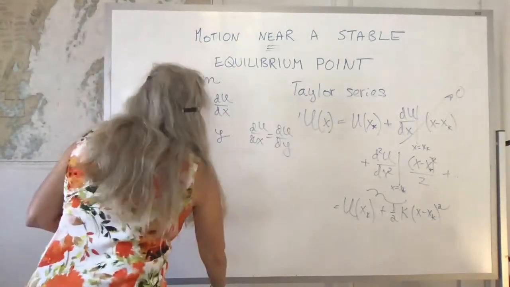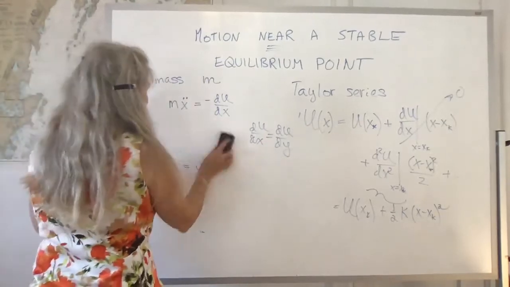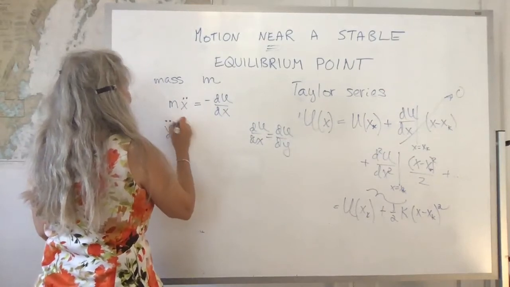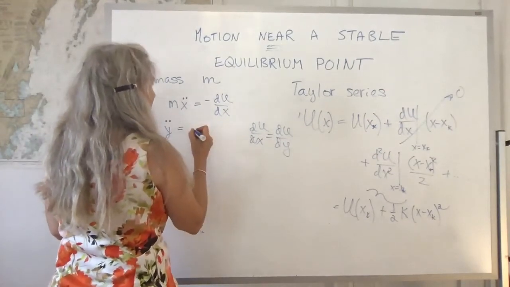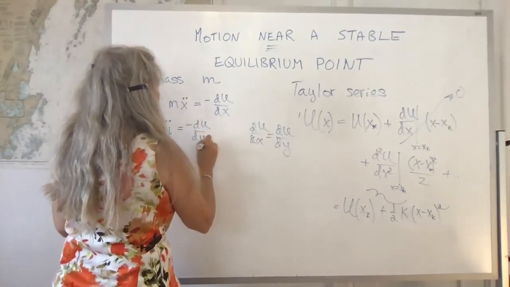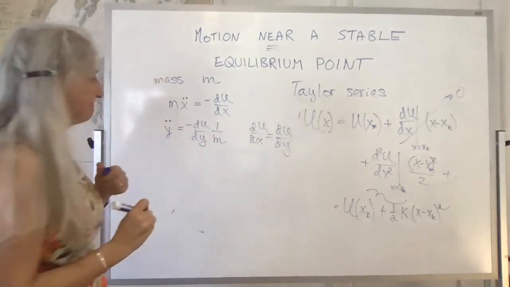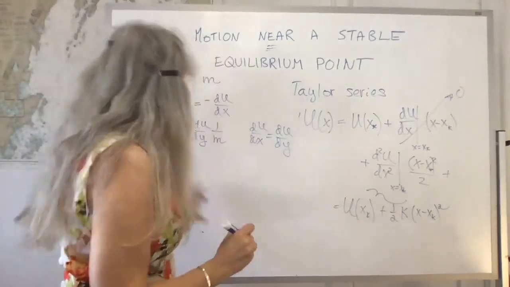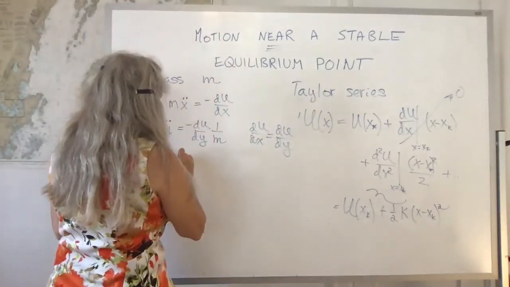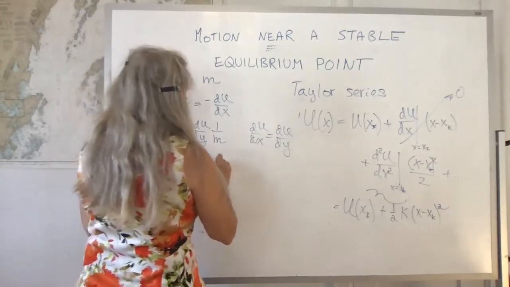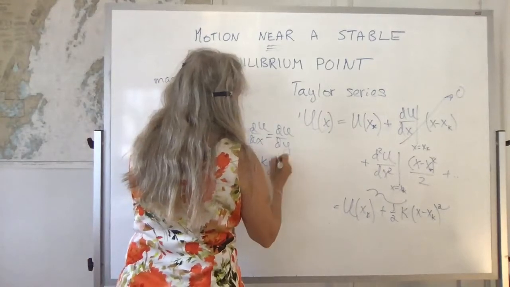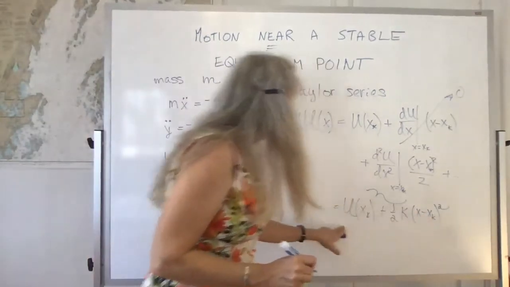Since I can do that, I can take the equation of motion and rewrite it to look like this: y double dot is equal to minus dU/dy divided by mass. So now let's go down to our Taylor series expansion. U(y) is a constant plus 1/2 k y squared from this.